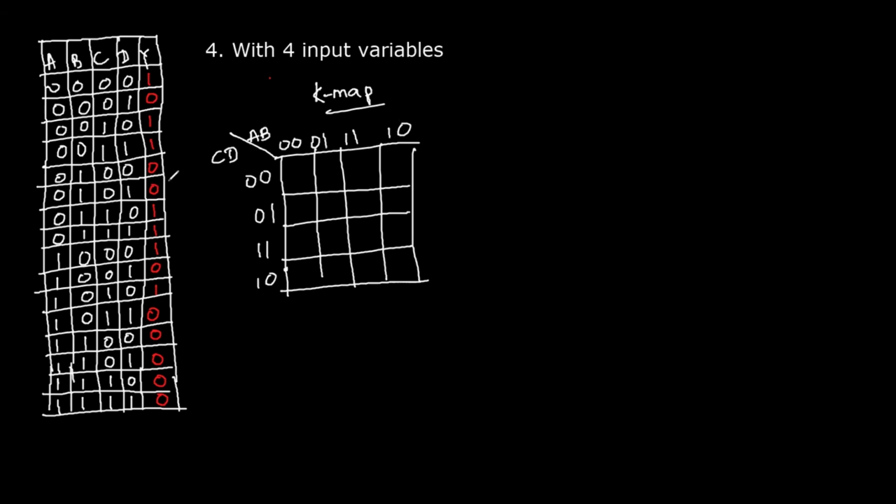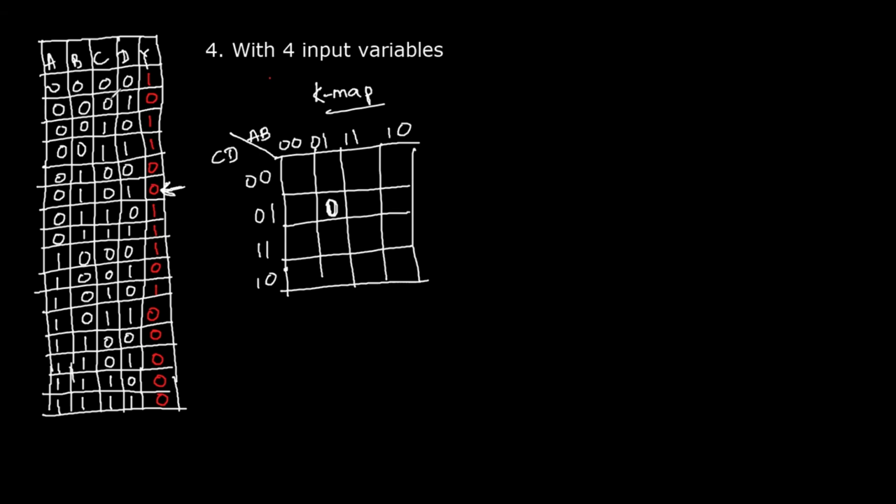So let's just take an arbitrary column. Let's just assume we are talking about this particular case. All right, so we have AB being 0, 1, which is this column, and CD is 0, 1 as well. That's this. So we have this particular value.